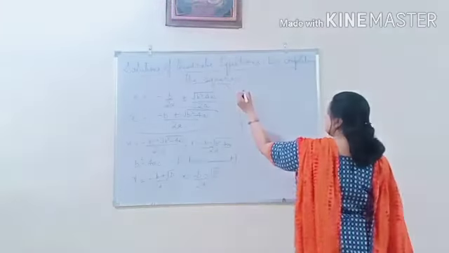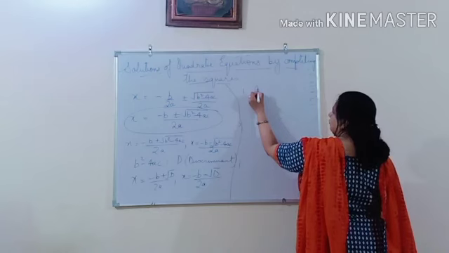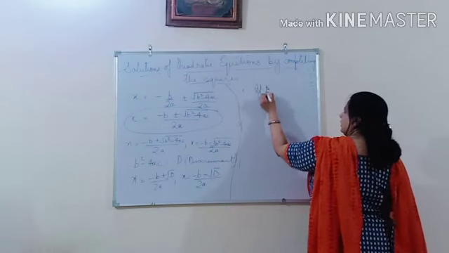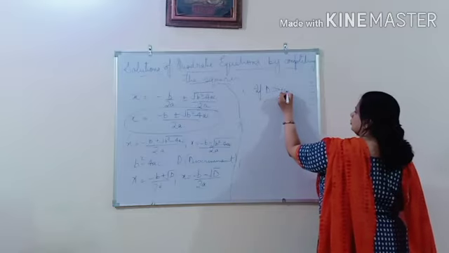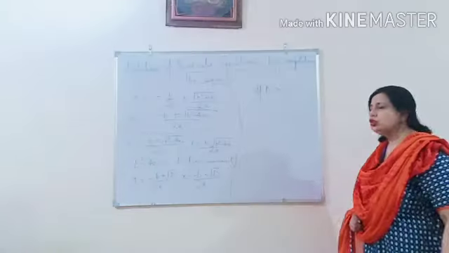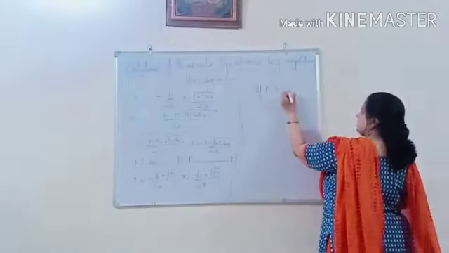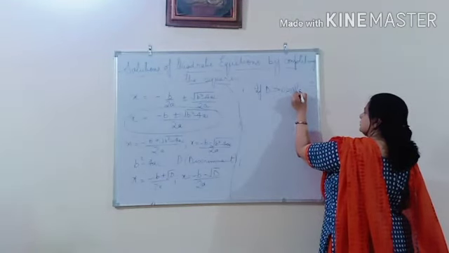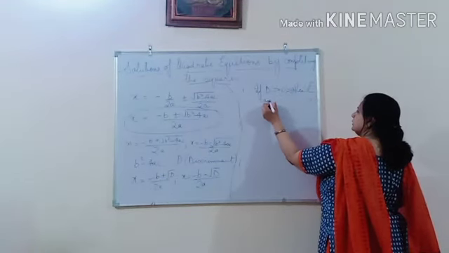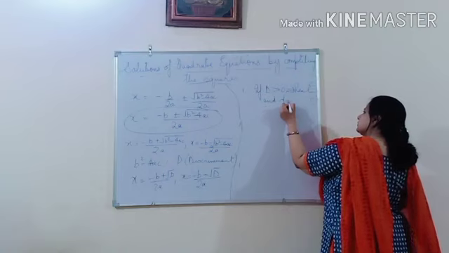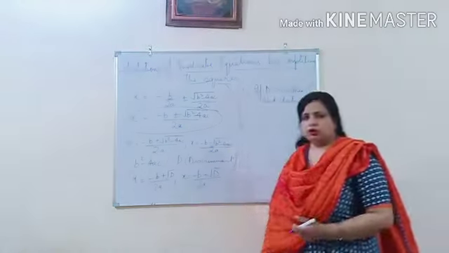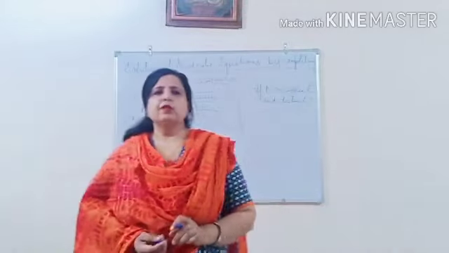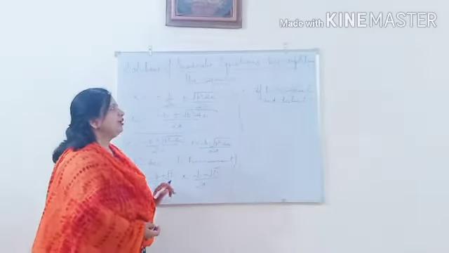First, if d is greater than 0, the roots are real and distinct. We have two roots, they will be real but different.